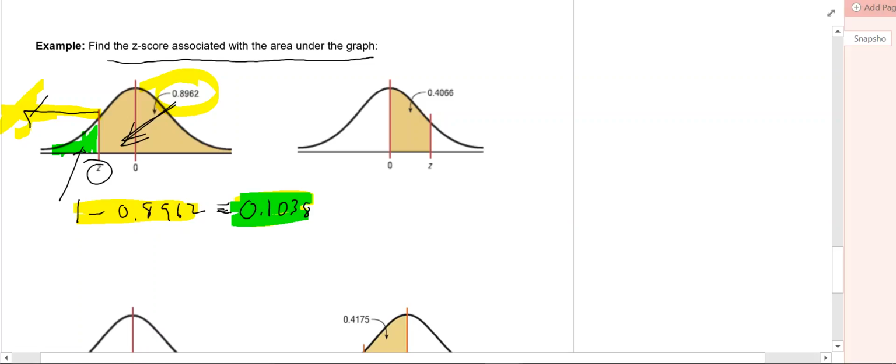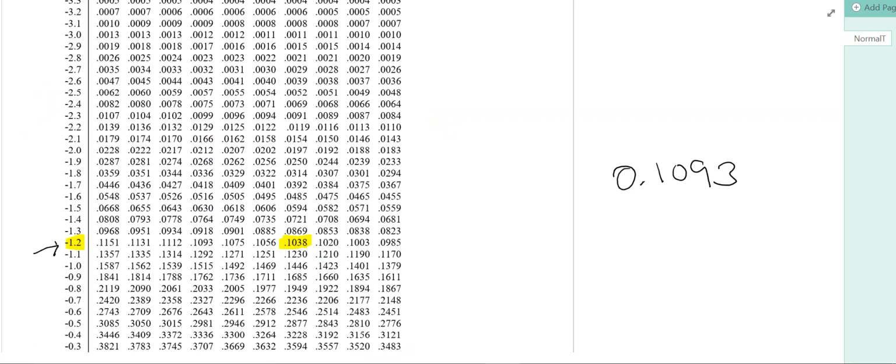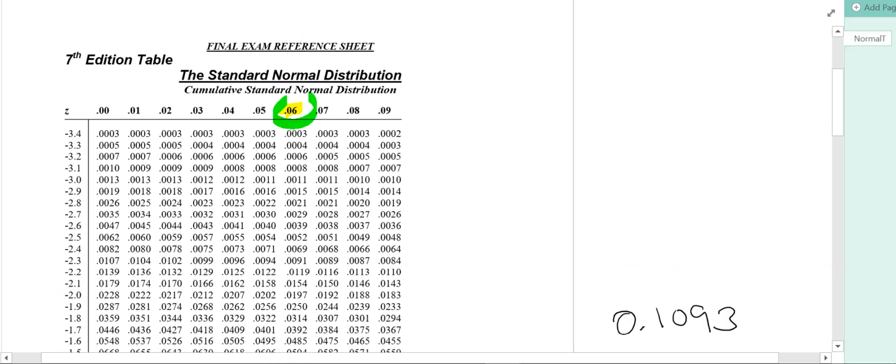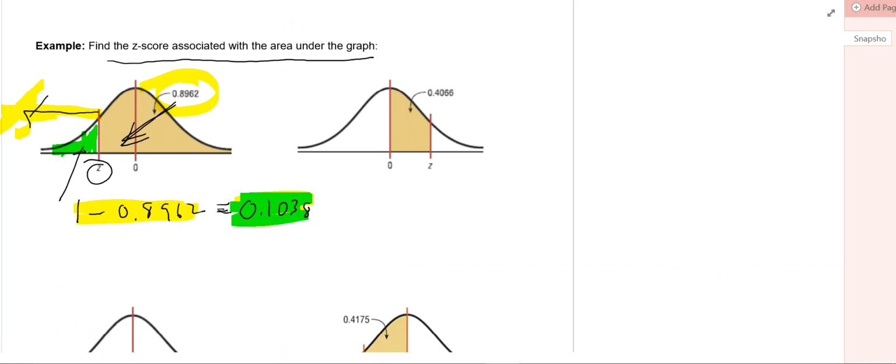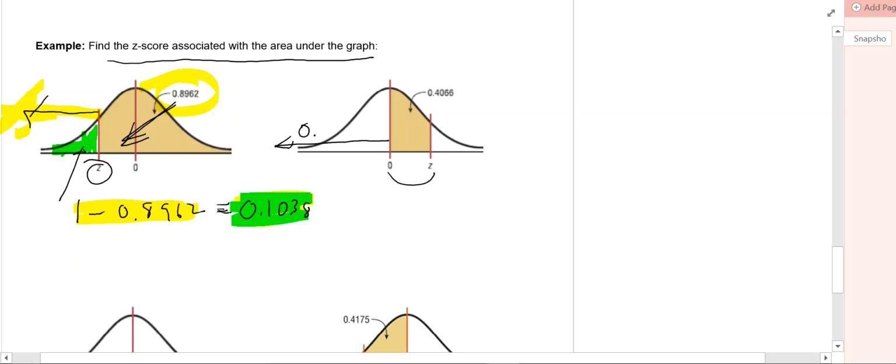It's 0.1038, but in the table, now I'm actually going to work backwards because I'm going to look for 0.1038. I found it. I go backwards for my z-score, right? Now, second one. This one here is between two numbers, right? But I know if I look in the table, the area below this one is 0.5.